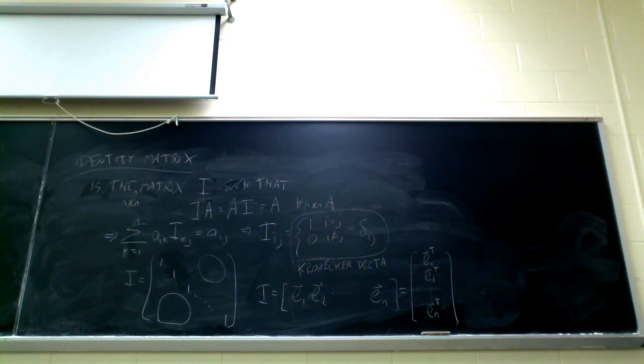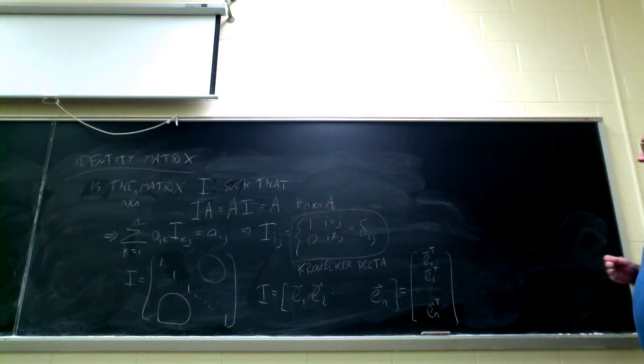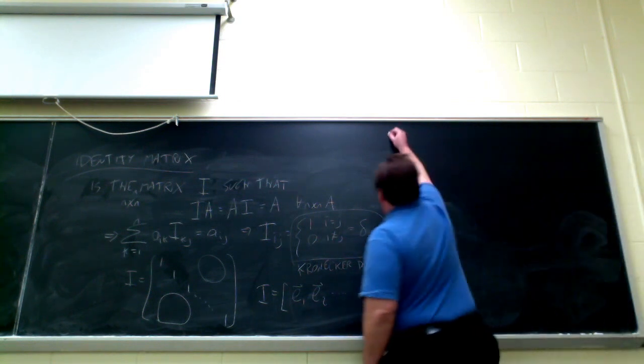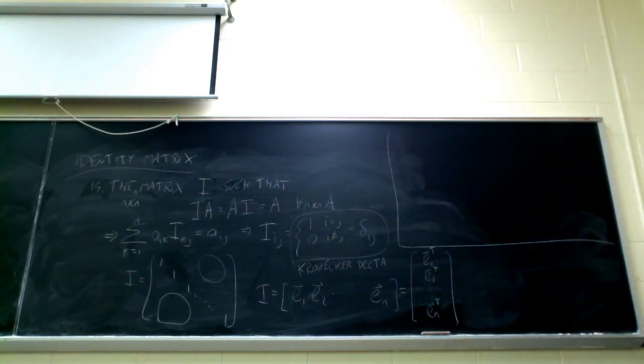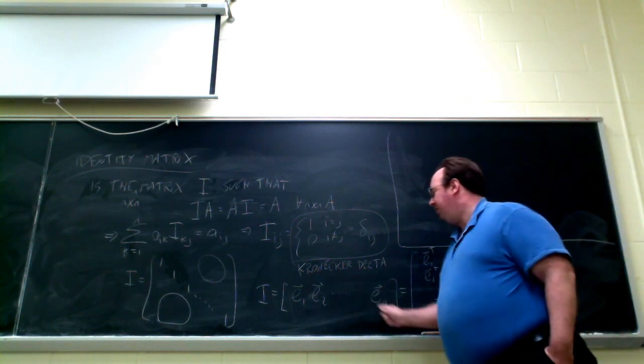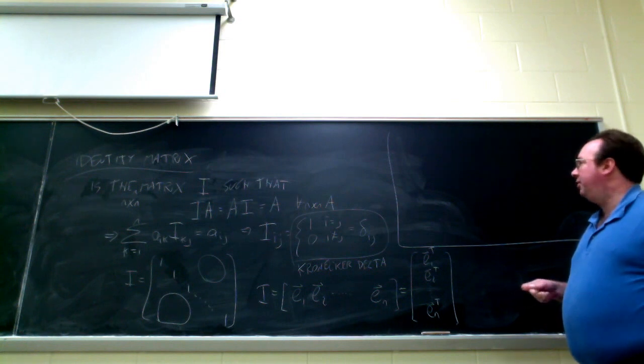All right. Now, as long as I'm bringing up the standard basis vectors, here's another kind of notation that I'll be using very frequently. And that is, what happens if you have a given matrix and you multiply on the right by one of these columns, or if you multiply on the left by one of these rows.